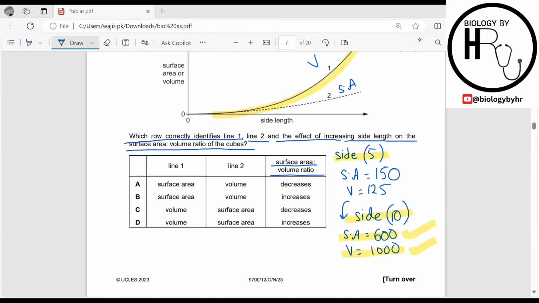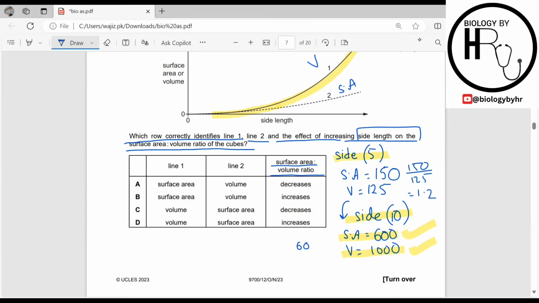If we talk about the surface area to volume ratio before the side length of the cube increases, we know that surface area to volume ratio can be calculated by dividing the surface area value by the volume value, and if we do it we get an answer which is 1.2, right?